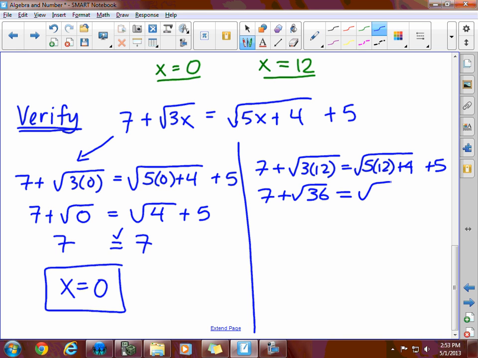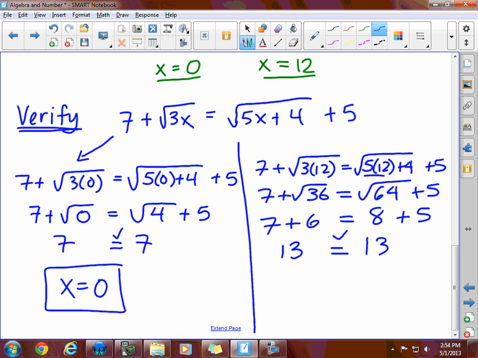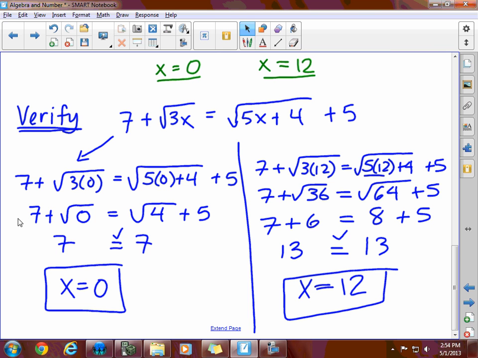I want to see if that equals, well, 5 times 12 is 60 plus 4, the square root of 64, plus 5. So I have 7 plus 6 might equal 8 plus 5, and indeed 13 on the left side, 13 on the right side. This does verify. So x equals 12 is also a solution to this question.